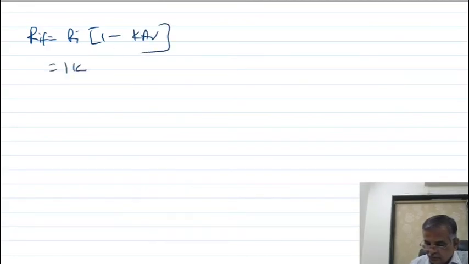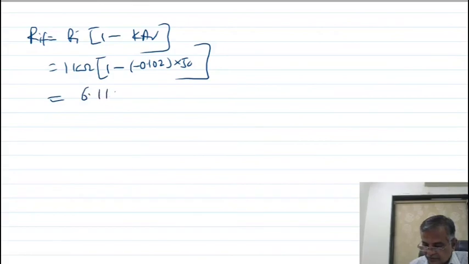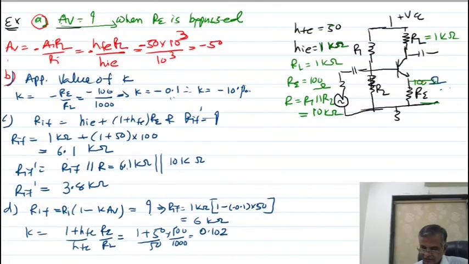This is 1 kilo ohm, 1 minus 0.102 into 50. I'm sure you will get 6.1 kilo ohm. With the approximate value I kept, I am getting 6 kilo ohm.